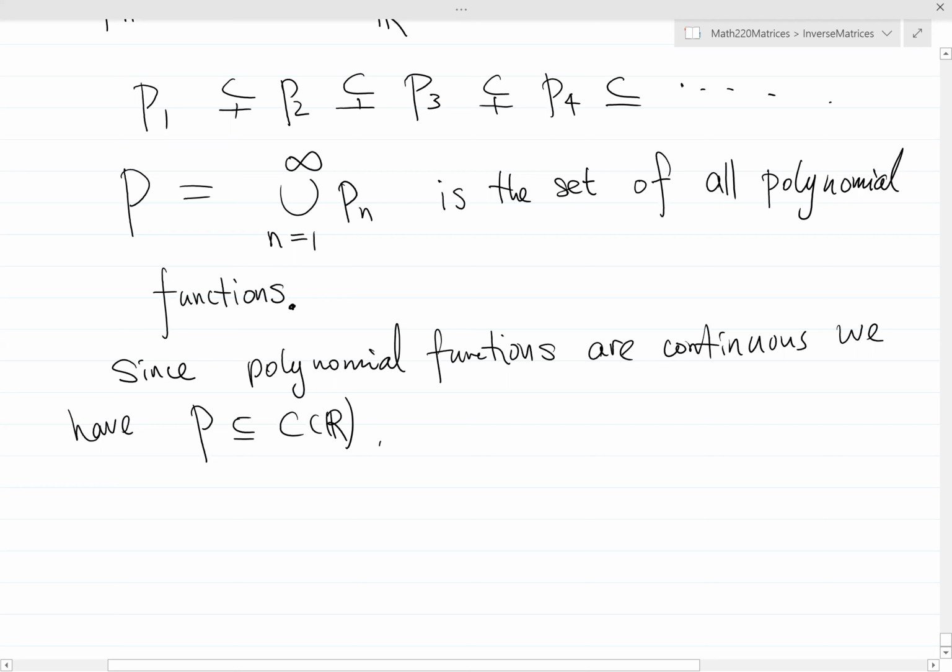Actually, we have the following theorem, which gives us a relation between polynomial functions and continuous functions, the famous Stone-Weierstrass theorem.